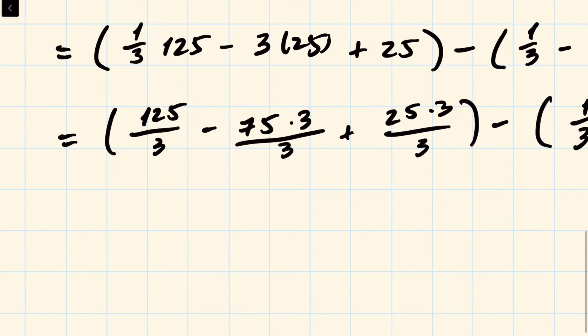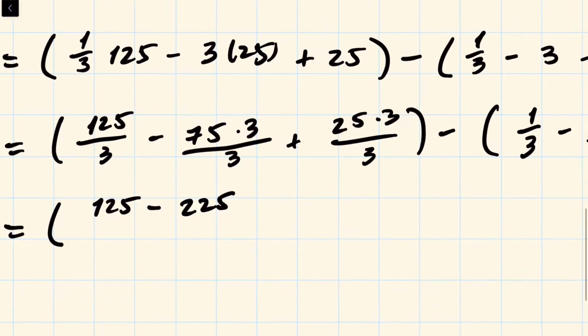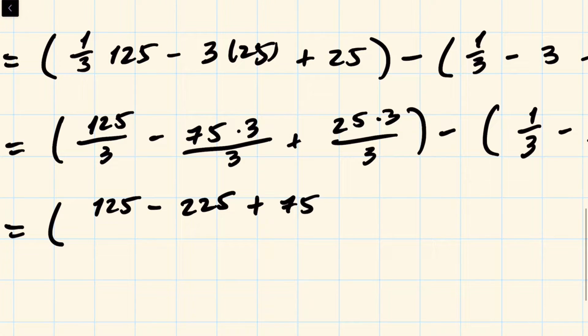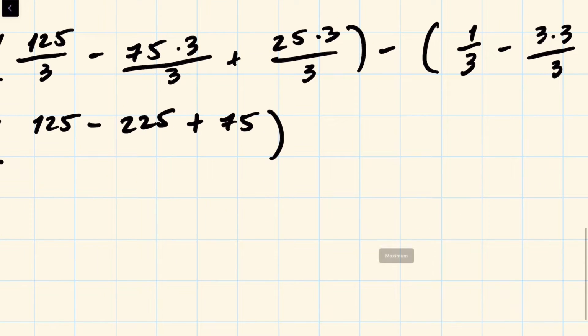So this is going to turn out to be now 75 times 3. I believe that's 225. Let me check that. Okay, yeah, 225. Plus 75 here, and that's all over 3.